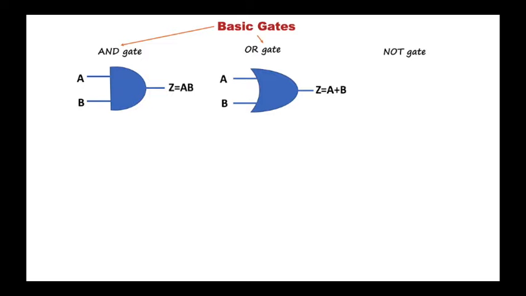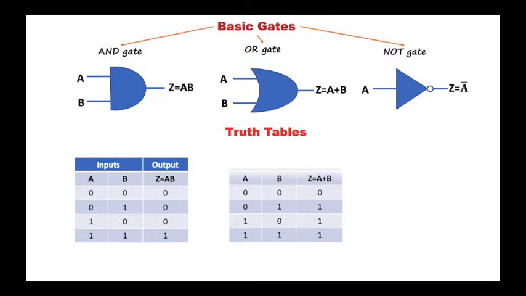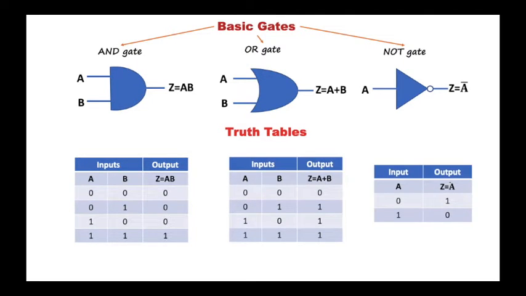OR logic is basically the sum of the inputs. That is, Z equals A plus B. And the NOT logic is actually inverse logic, which inverts the input. So the output is the inverse of the input, and these are the three truth tables of the respective gates.